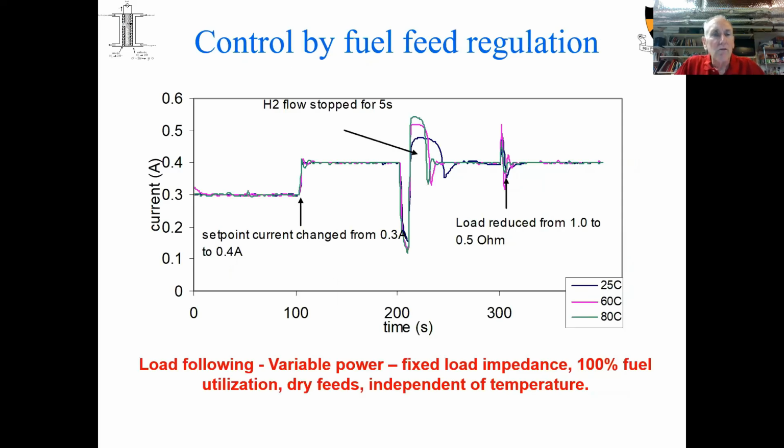And so we found that we could have a load following, variable power, fixed load impedance fuel cell with 100% fuel utilization and dry feeds, and as you can see in here, it was independent of temperature. So we've made this very simplified system that becomes much simpler to control and get the desired output.